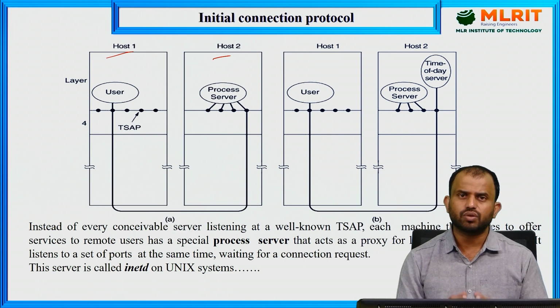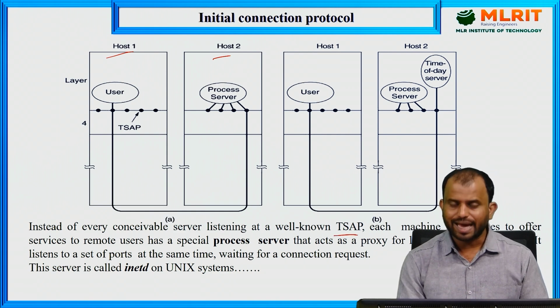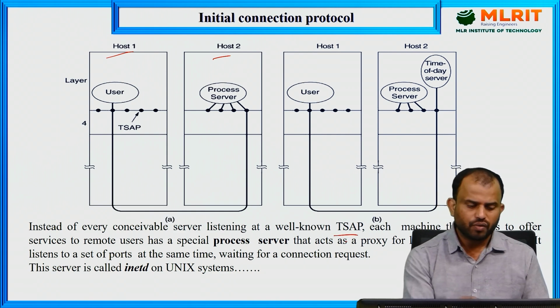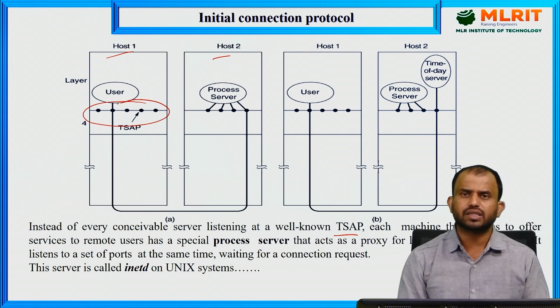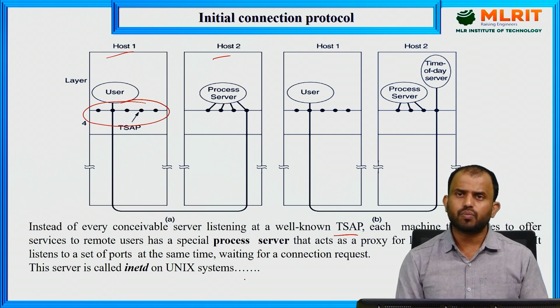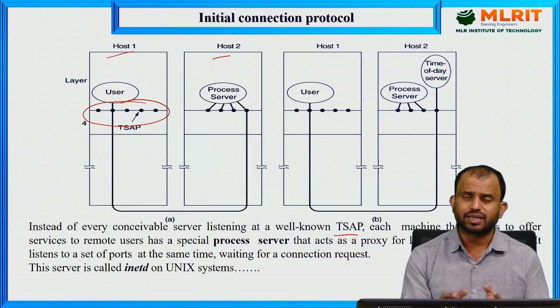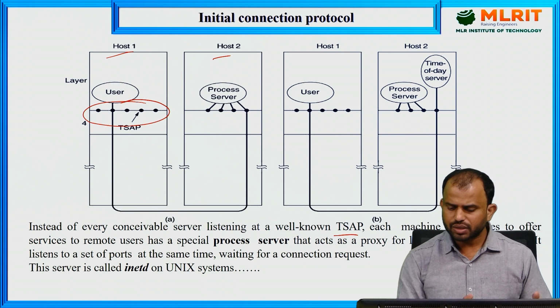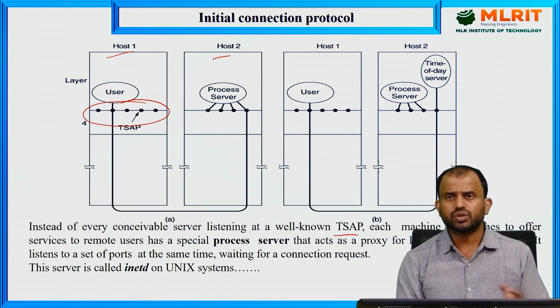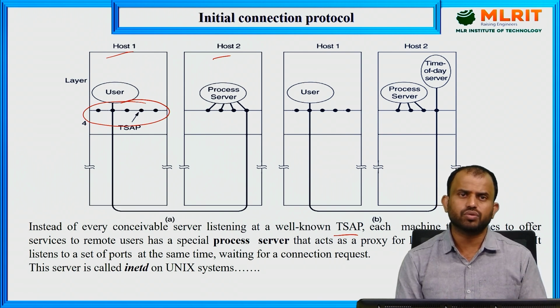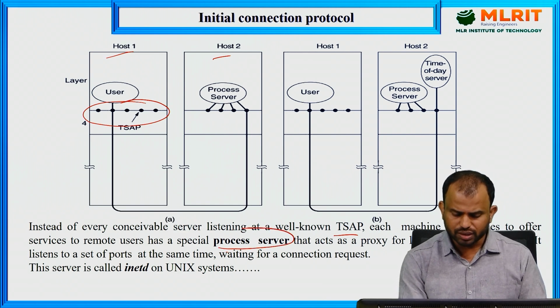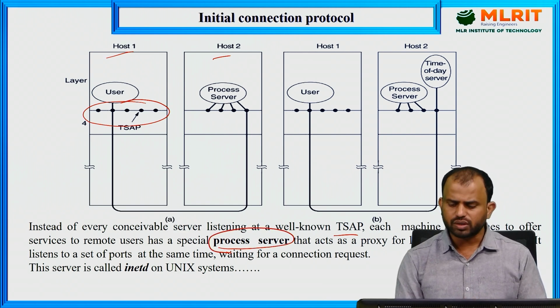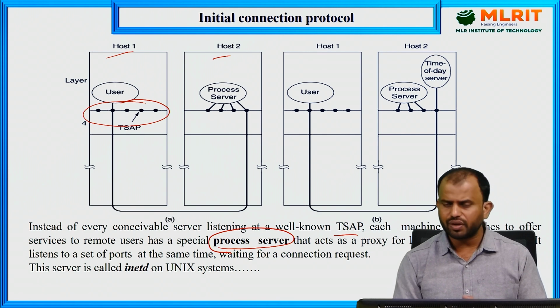The server is asked to listen on the transport service access point, which we call a TSAP. So we have to listen on the transport service access point. This means each machine, for example this one machine and this another machine, that wishes to offer services to a remote user runs a special process server, which may act as a proxy for less heavily used services.